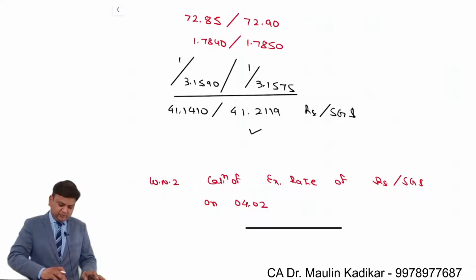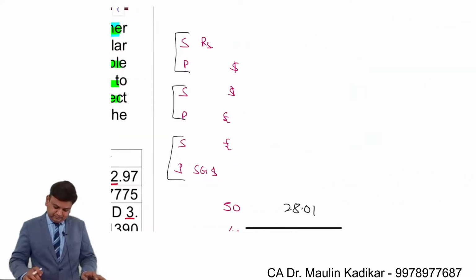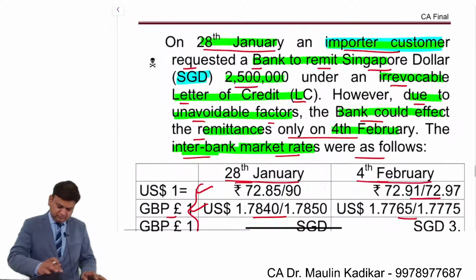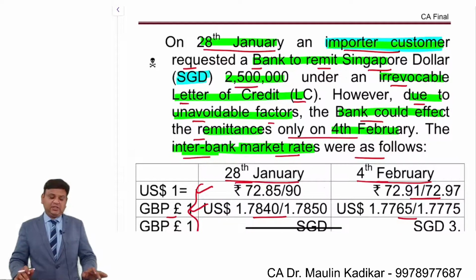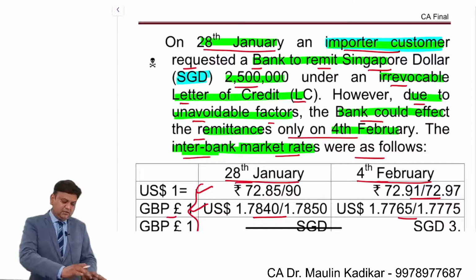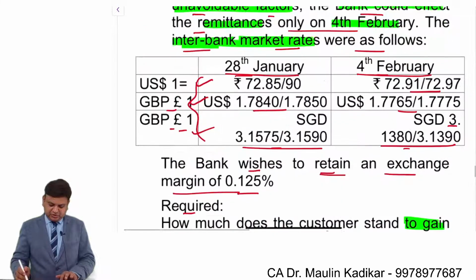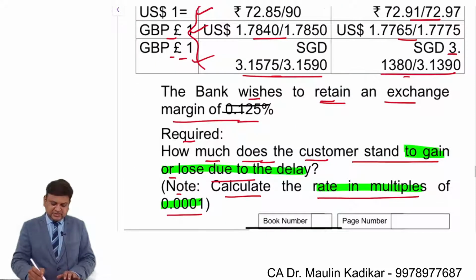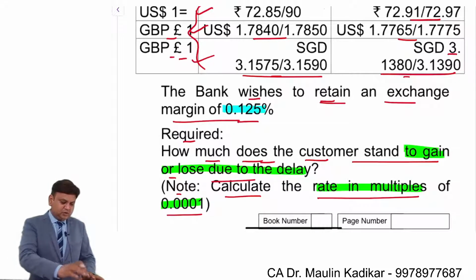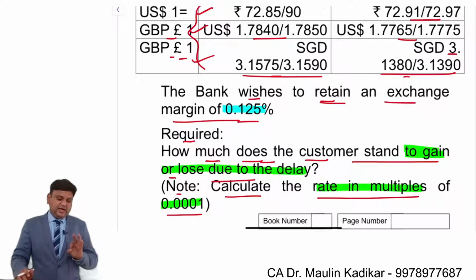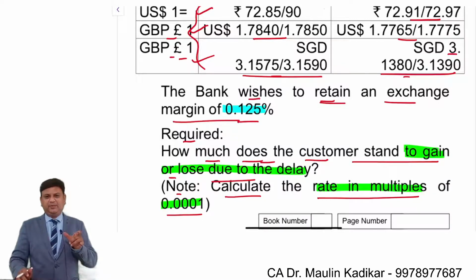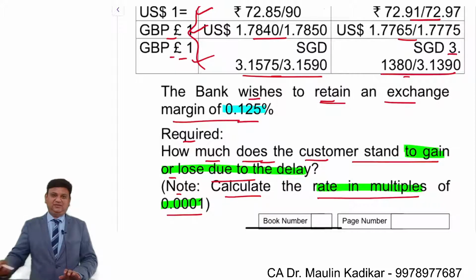Multiplying with 2.5 million, it is 3,03,750 plus 0.125 percent, because that is the amount of the margin which you are required to pay. So that comes to in total 3,04,130 approximately. That is the amount of the loss that you will have.